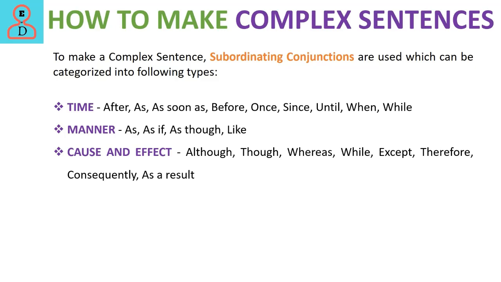As the name suggests, in this type of complex sentence, the independent part is a cause or a reason and the dependent part of the sentence is its effect. The most commonly used words to describe cause and effect relation are given here.